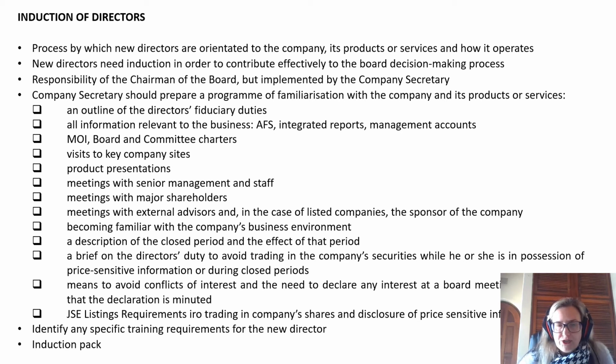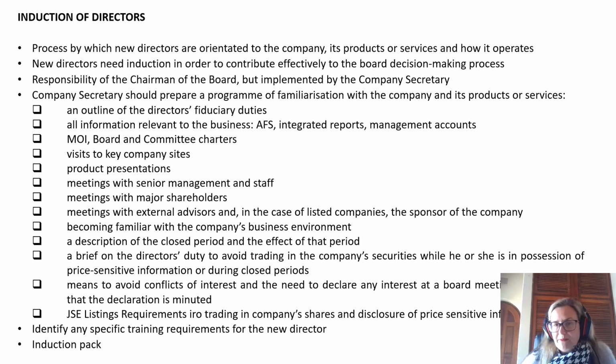And this can include, amongst the information that you give or the processes that you follow, firstly, an outline of the director's fiduciary duties. If you have a relatively inexperienced director, say an industry expert, but who has never actually operated on a board before, they may not be aware of Section 75, 76, and 77. So you need to make sure that they understand that.